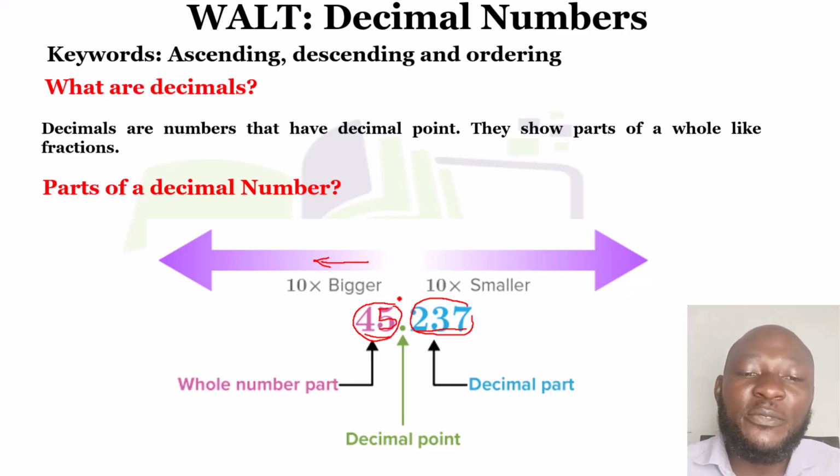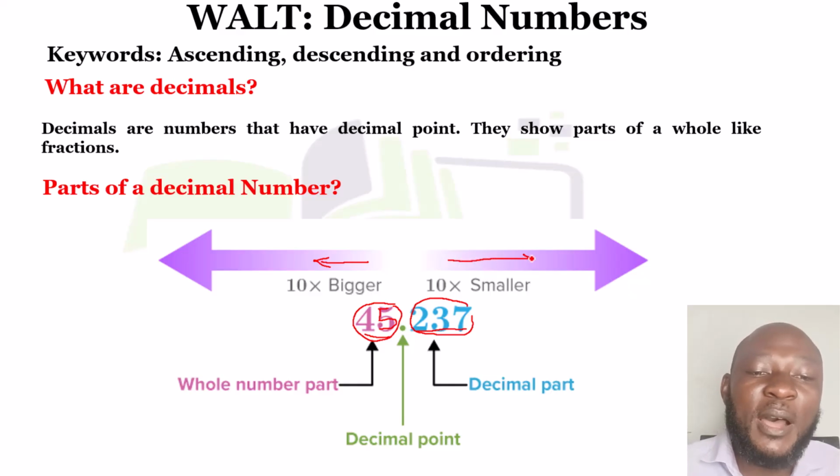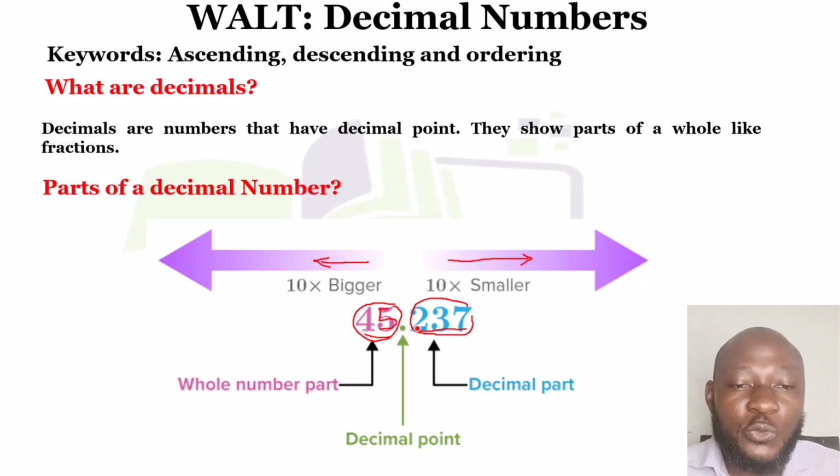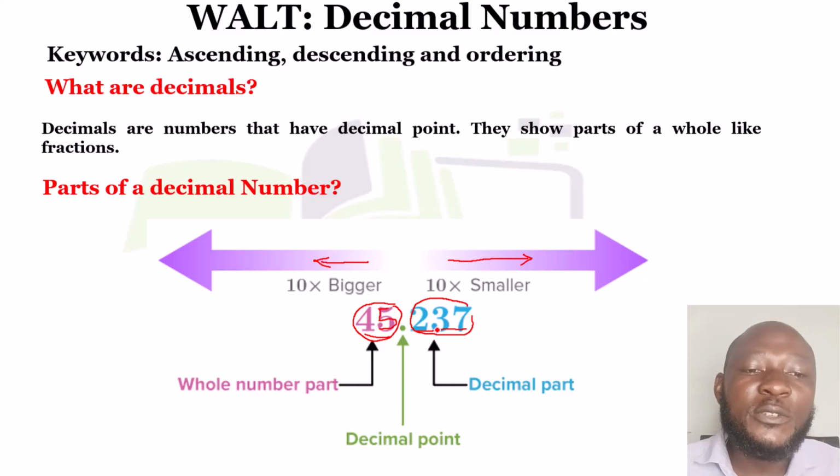In order for 5 to get to the tens place, what do you do? You multiply by 10, and this will make it 50. Now the reverse is the case for the decimal part. As you move from left to right in the decimal part, you divide by 10. In this case, you have 2. So 2 here is 2 over 10.